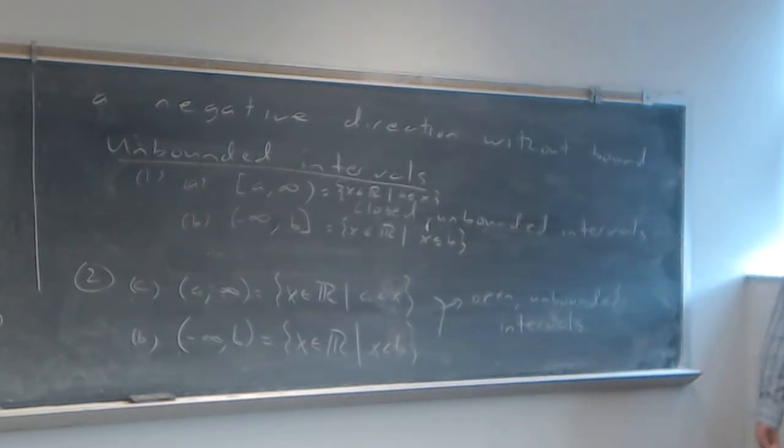All right, they're unbounded again because we have these forms of infinity or minus infinity with them. They're open because out of all the endpoints they can contain, A or B, they contain none. Is that okay with everybody?